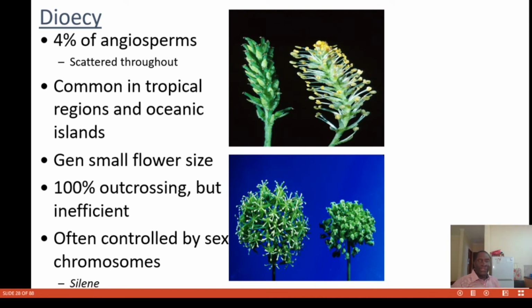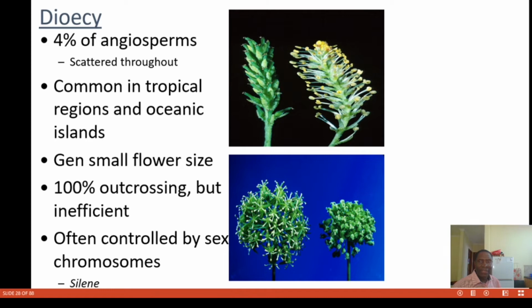Then the dioecious condition, it's estimated that it is about 4% in angiosperms and is scattered throughout the regions, but fairly common in tropical regions and oceanic islands.